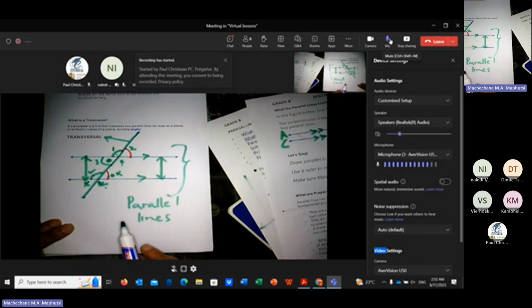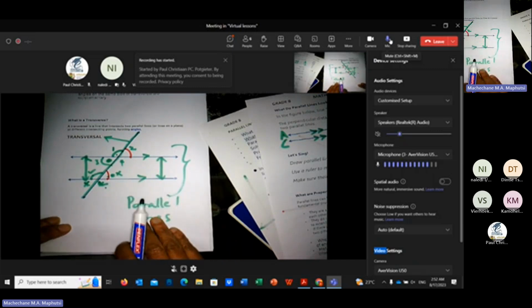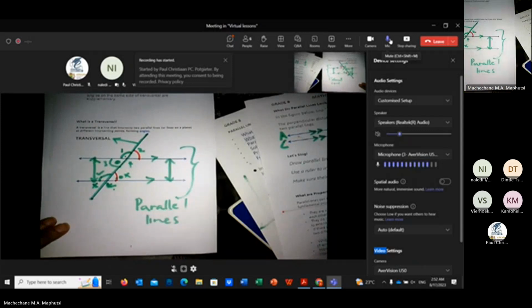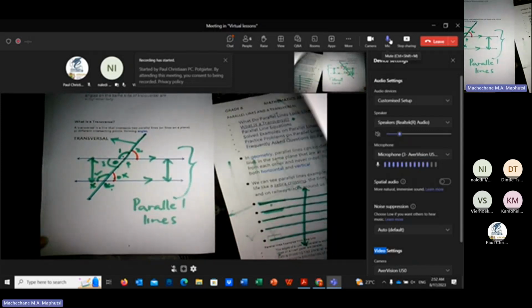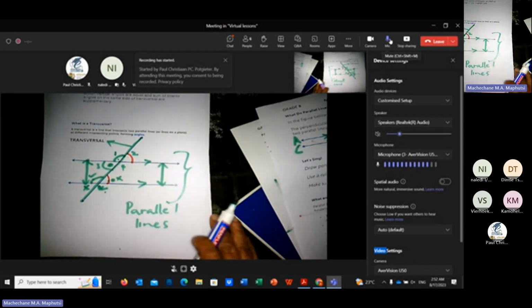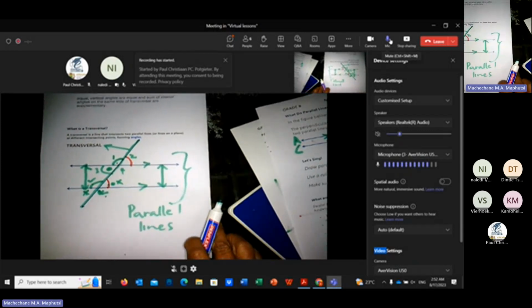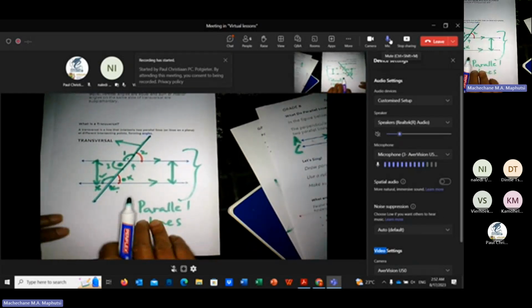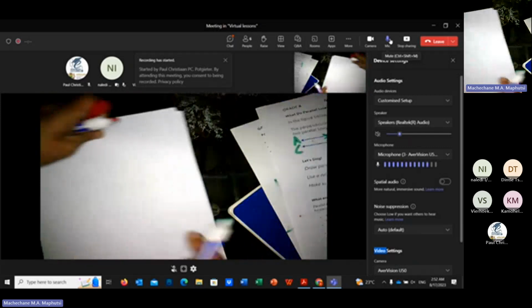But today, because of time, I'm not going to dwell deeper into the names of the angles. I can just tell you the names of the angles, but I'm not going to tell you whether they are equal or not.